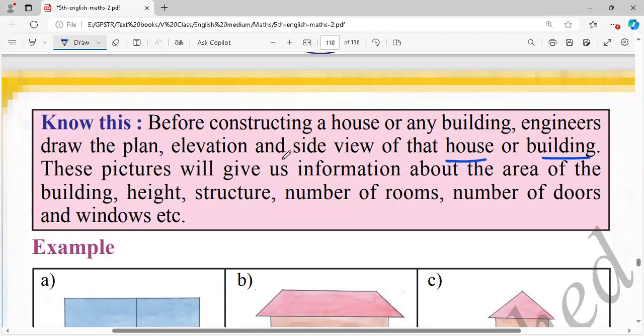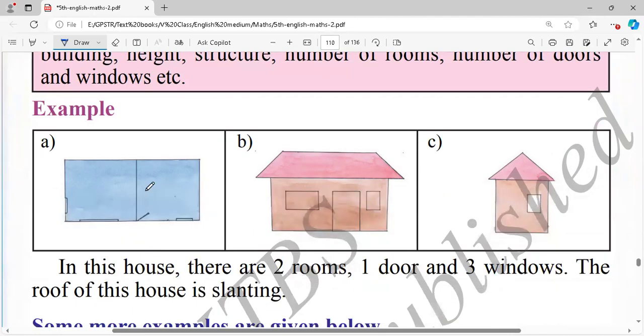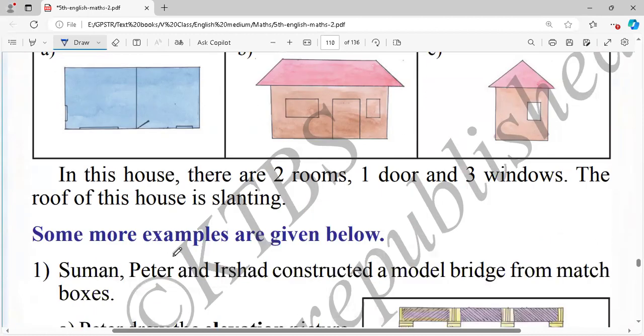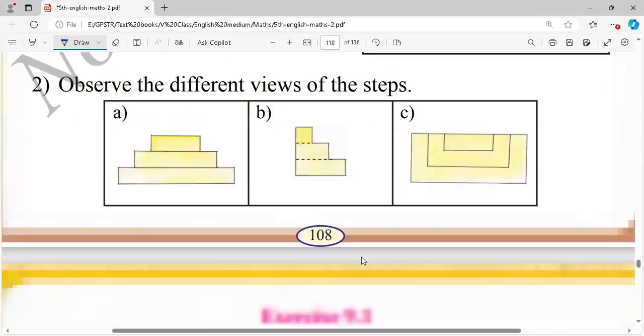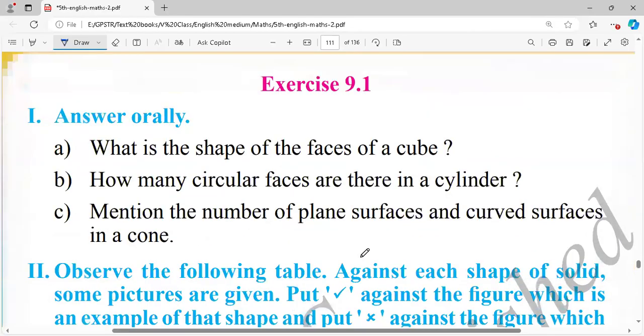This picture will give us information about the area of the building, height, structure, number of rooms, number of doors and windows, etc. See, front view, side view, top view. Some more examples are given below. See them.